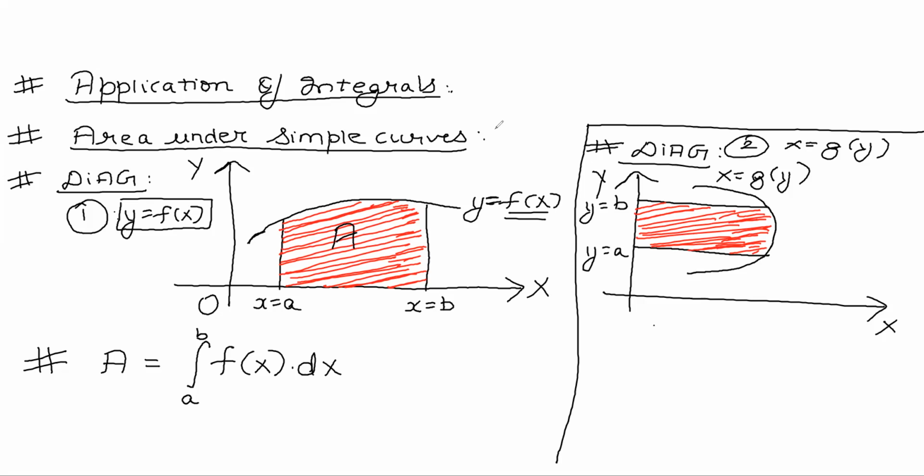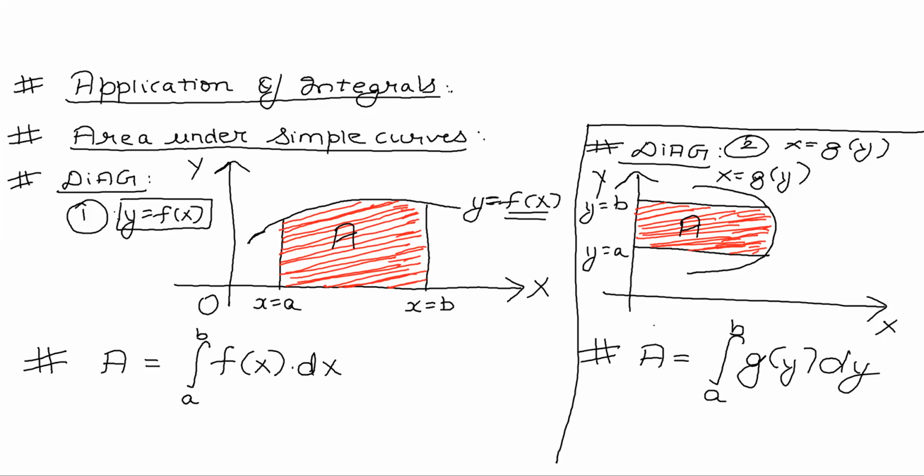So what will my area be? This area A is nothing but the integral, as y goes from a to b, of the function g of y with respect to y, so g of y dy.